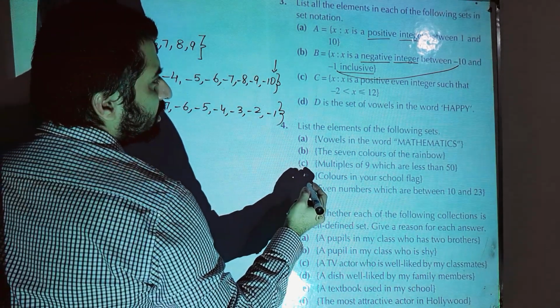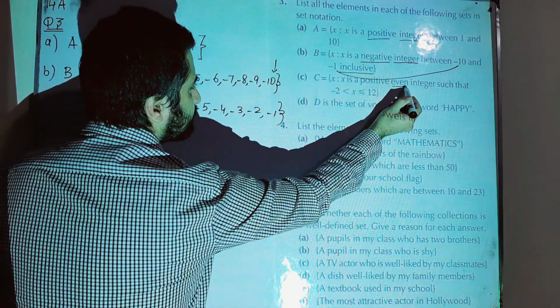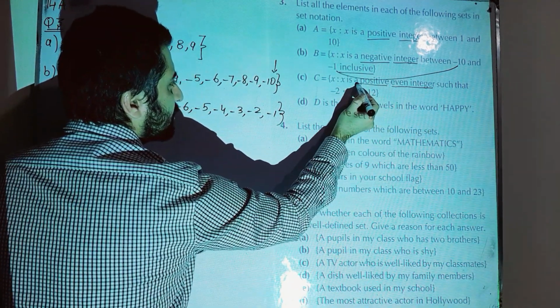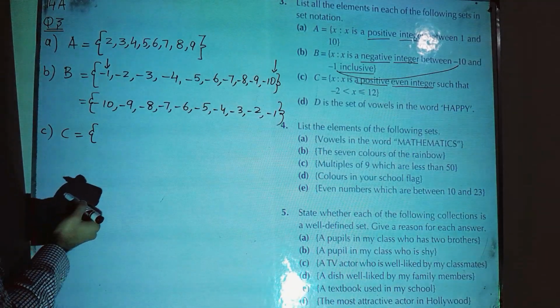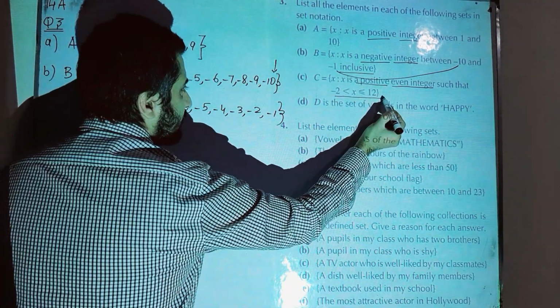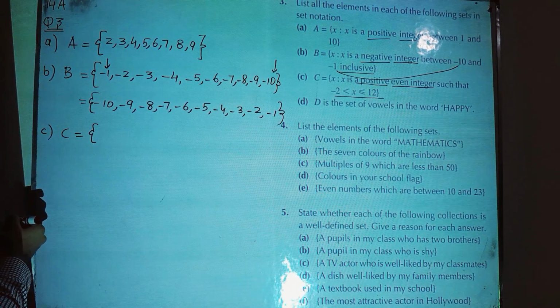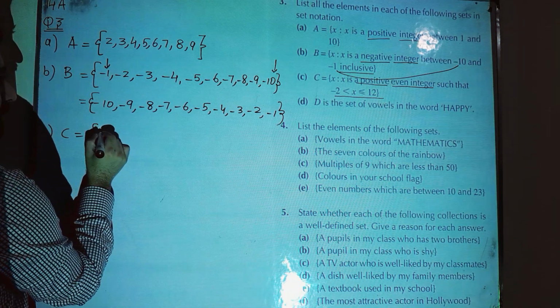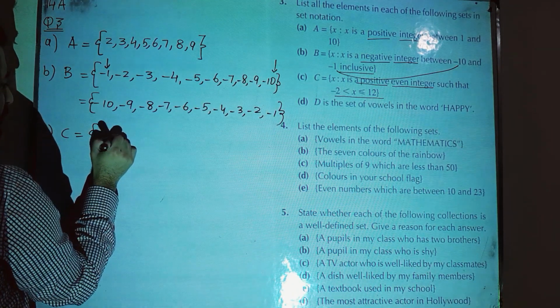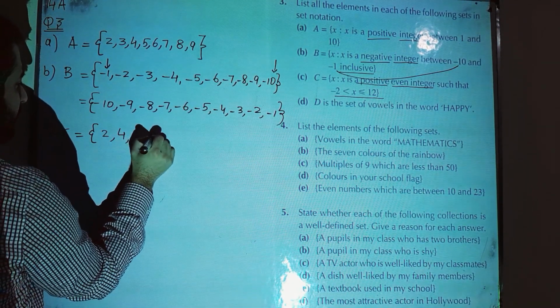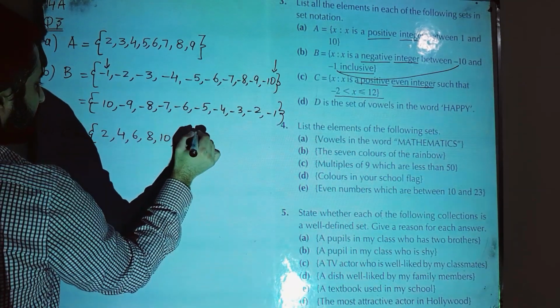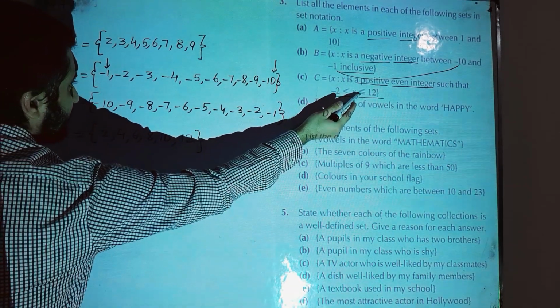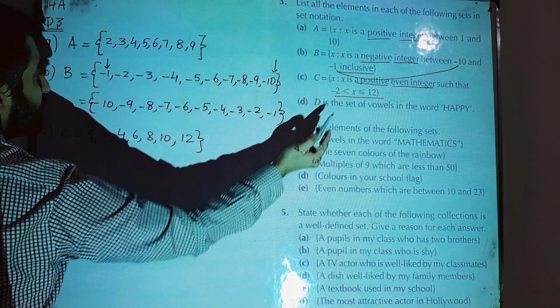First of all, identify which numbers you are going to write: even integers and they are positive, and this is the given set of numbers greater than minus 2 and less than or equal to 12. Now greater than minus 2, a positive even integer will be 2, then 4, 6, 8, 10. 12 will be included because x is less than or equal to 12.